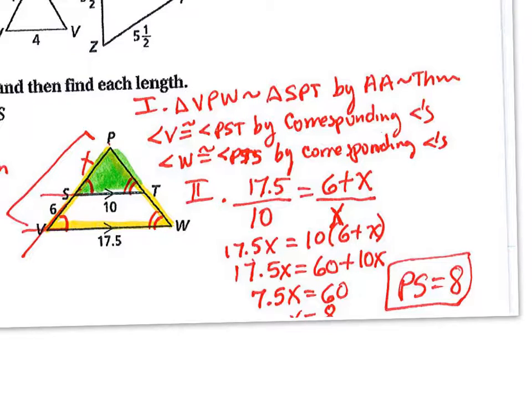Then I set up the problem. 17.5 is to 10 as 6 plus x, because it's the whole thing, we don't know what this is, is to x. You cross multiply, you distribute, and then when you subtract 10 from 17.5 it is 7.5, divide by 7.5, and x equals 8.